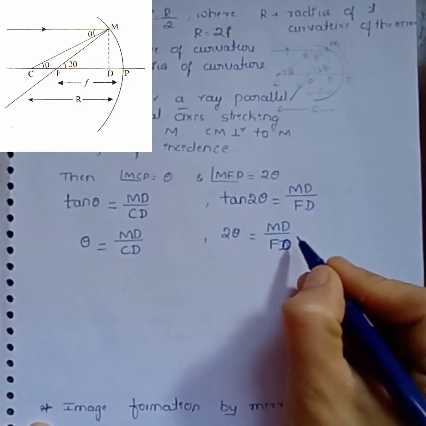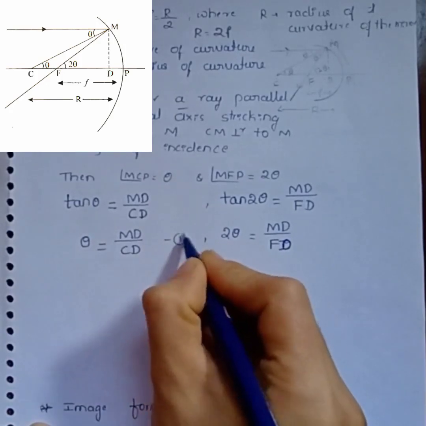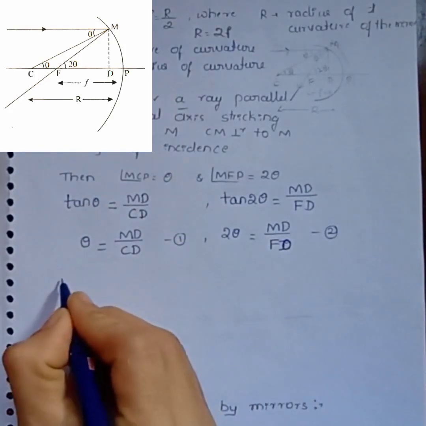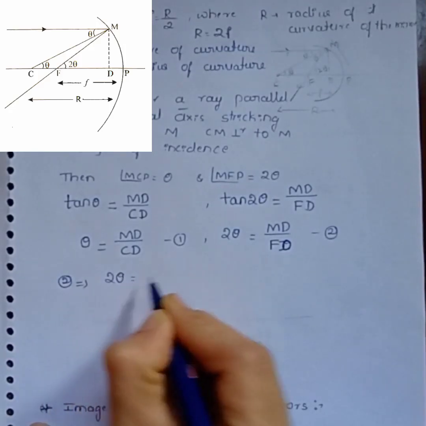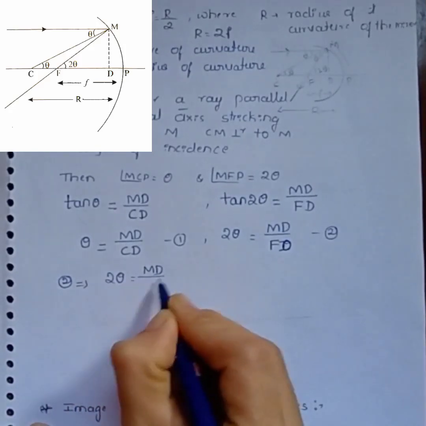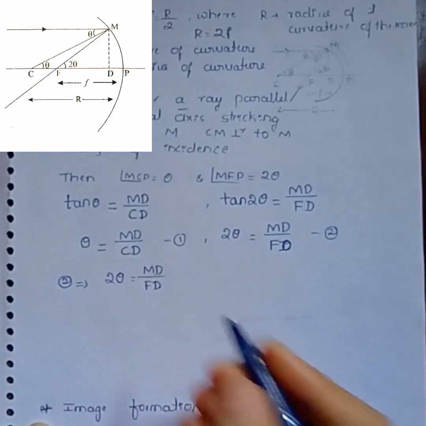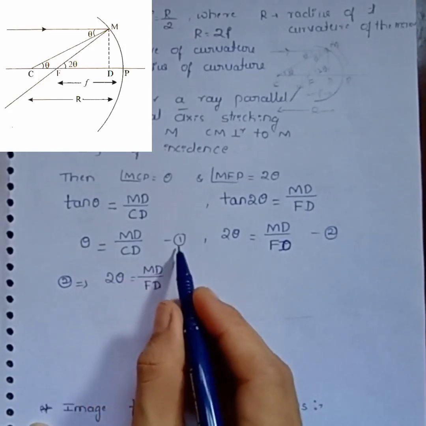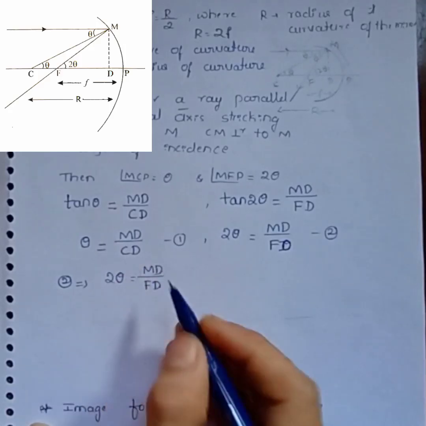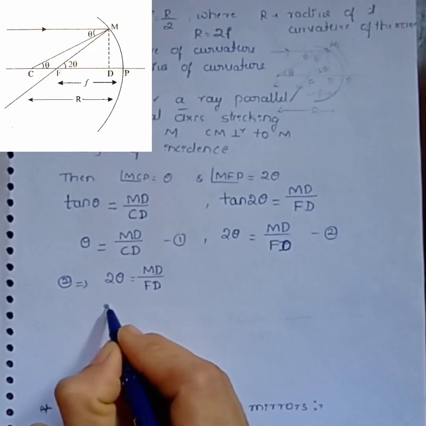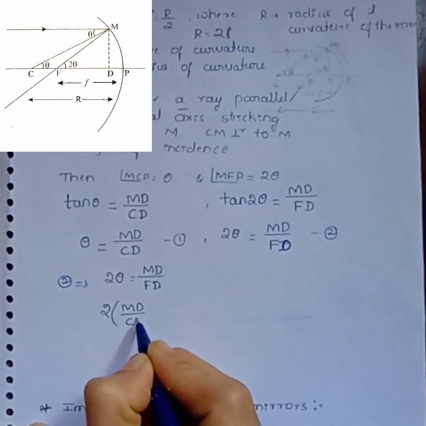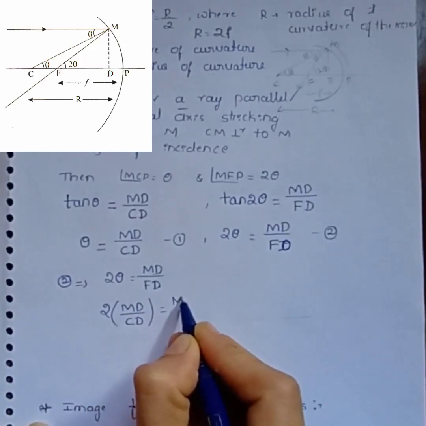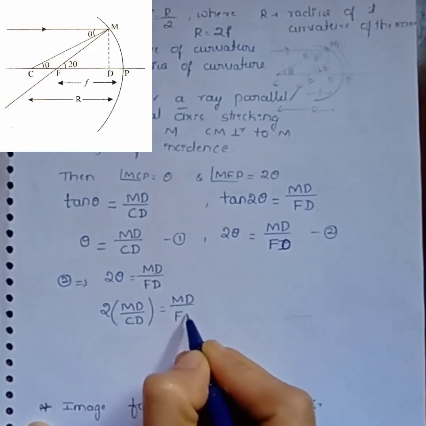Now these equations are written as equation 1 and equation 2. Let us consider equation 2, which implies 2 theta is equal to MD divided by FD. Apply the value of theta from equation 1, MD by CD, in equation 2, which gives 2 into MD divided by CD equal to MD divided by FD.